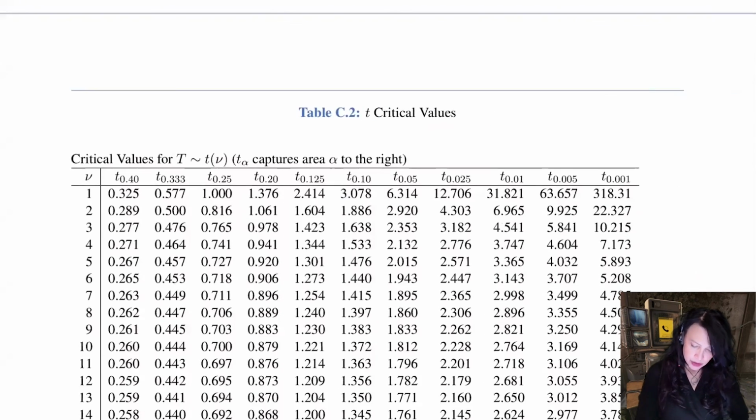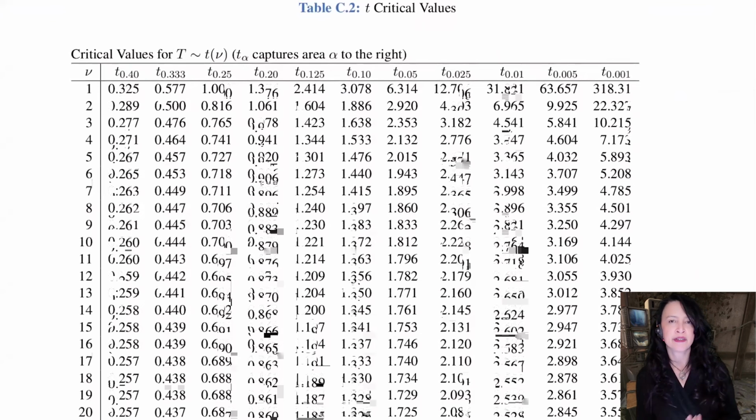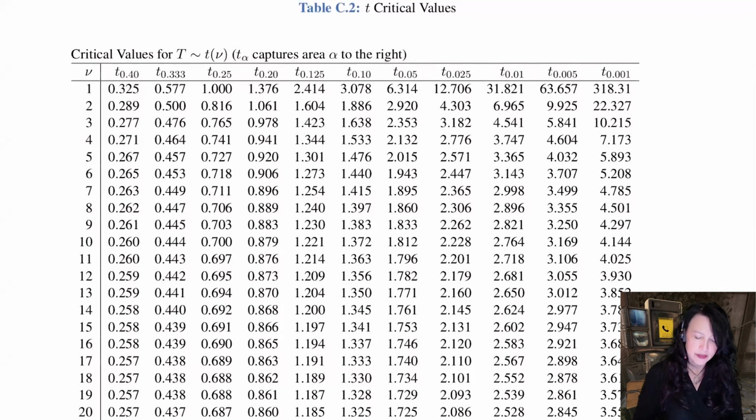Now, most t-tables look different from z-tables because of that degrees of freedom parameter. We could be looking at a T1 distribution, a T2 distribution, a T3 distribution, and we could have a z-table type thing for every one of those distributions, but no one carries that stuff around. So typically you'll see a table like this.